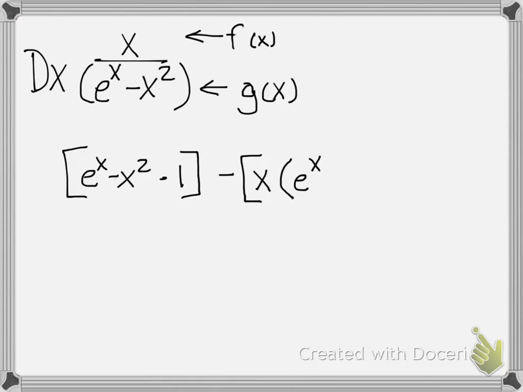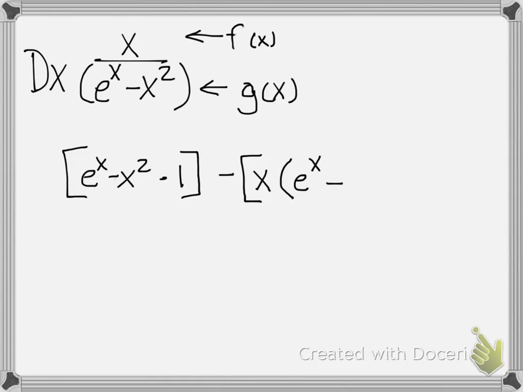So e to the x would be e to the x times ln of e, and the natural log of e is just 1. So we would have e to the x times 1, which is just e to the x, so that's why that looks like that.